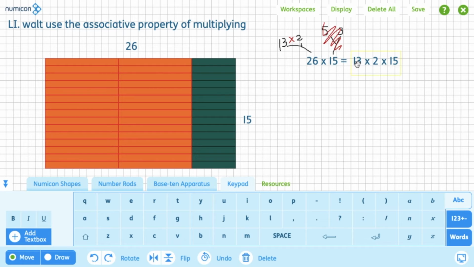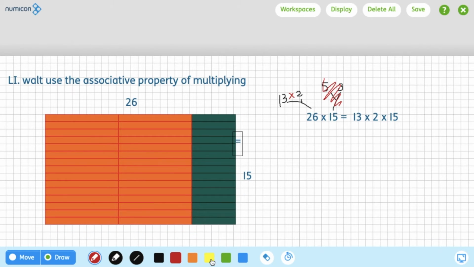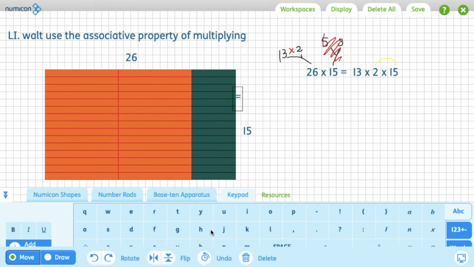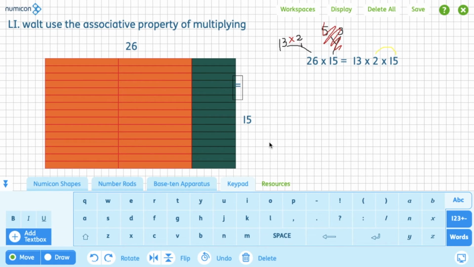So you can do 13 times 15 first if you want, or 2 times 15, or 2 times 13, or 13 times 2. It doesn't matter. It's whatever one you think works for you. And like I said before, I think I would like to do 2 times 15 because that would make a nice easy number for us to work with. So then we'd have 13 times 30.